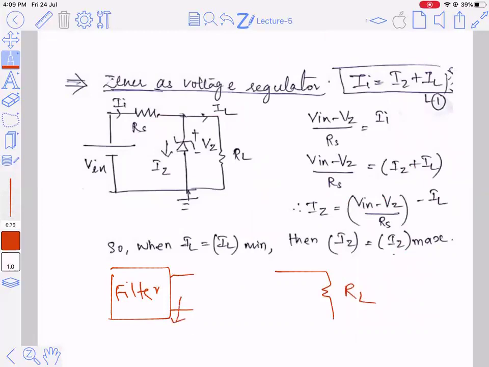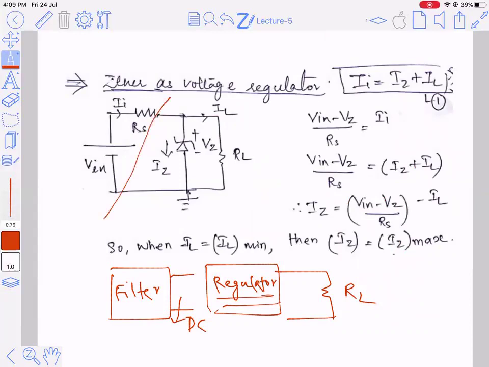The output of the filter is DC, right? But I need to regulate this, so I put a regulator in between. So if you look at this diagram, this section is this part, the filter. So you have your filter over here.